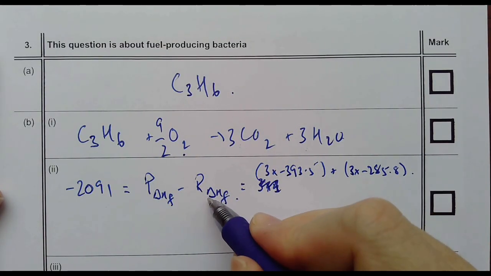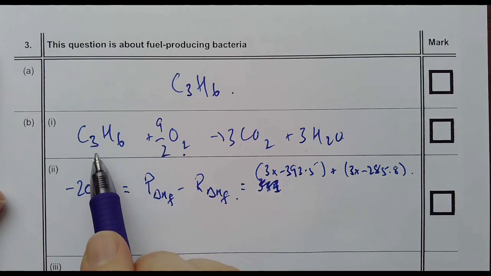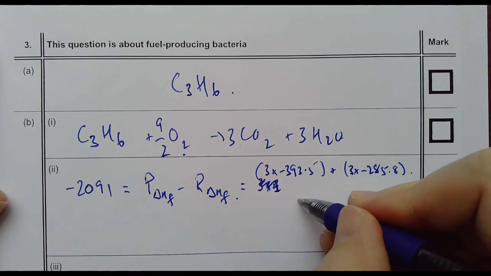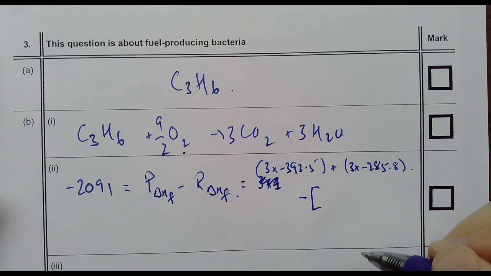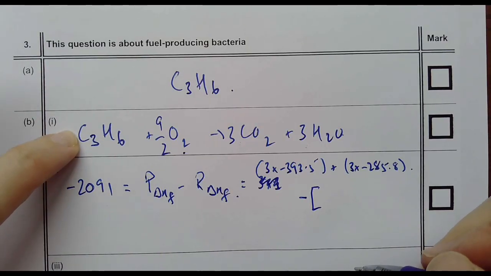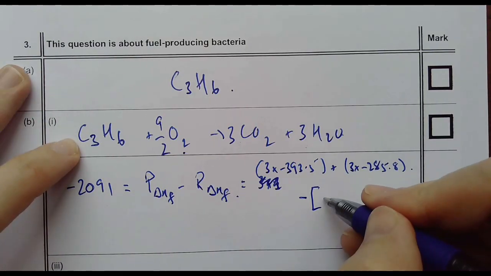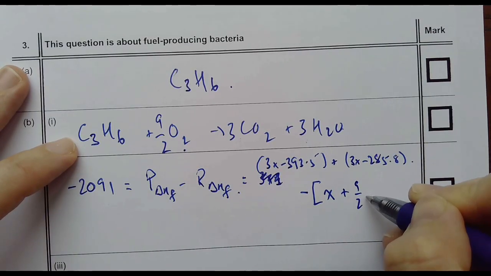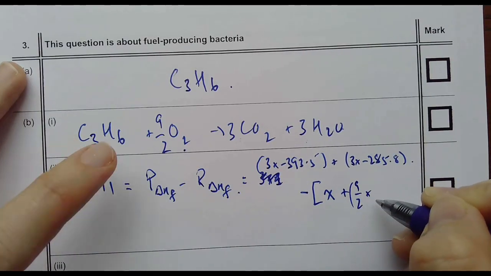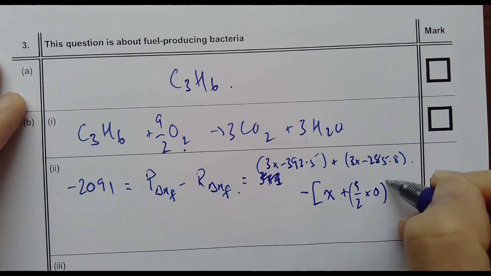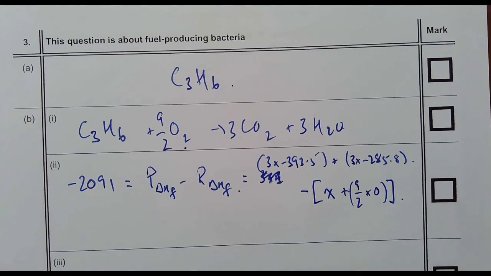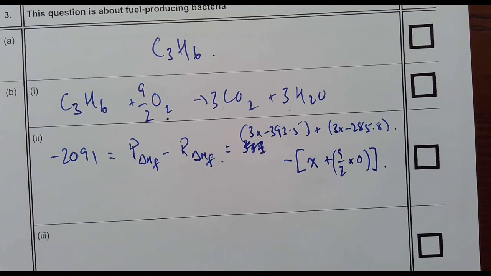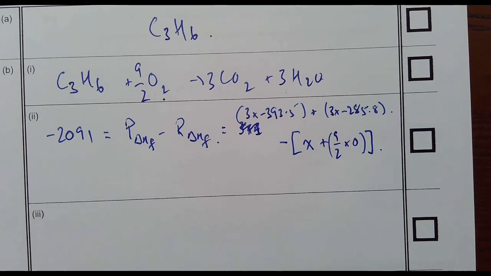And then it's minus the enthalpies of formation of these two. So minus, and then this is the one that I'm trying to find. I want to know the enthalpy of formation of that. So I'm just going to call that X, plus 9 over 2 times enthalpy of formation of oxygen, 0. Okay, and then I just solve that equation for X. I've done it kind of not very neatly, but you get the idea.